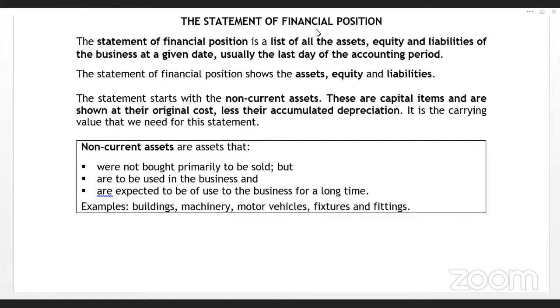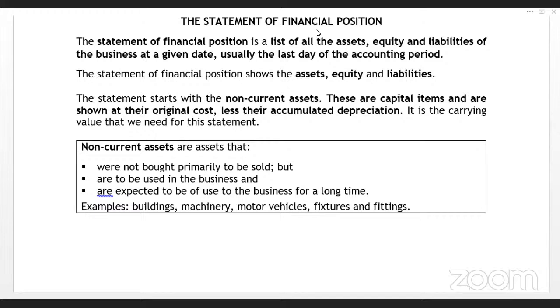When it comes to non-current assets, these assets were bought by the business, but not for the purposes of sale. We expect to use them in the business for a long period of time. So they are not bought primarily to be sold.